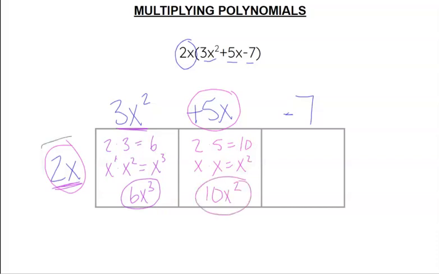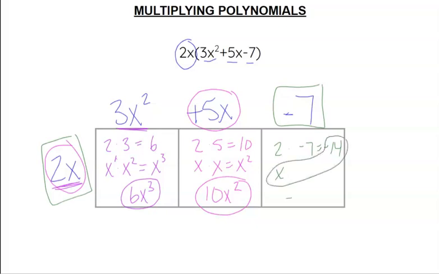And then lastly, we're going to do 2x times negative 7. So we're going to do 2 times negative 7, which is negative 14. And then there's just an x. There's nothing to multiply x by, so it just stays. So we have the negative 14 and the x come together to make negative 14x.